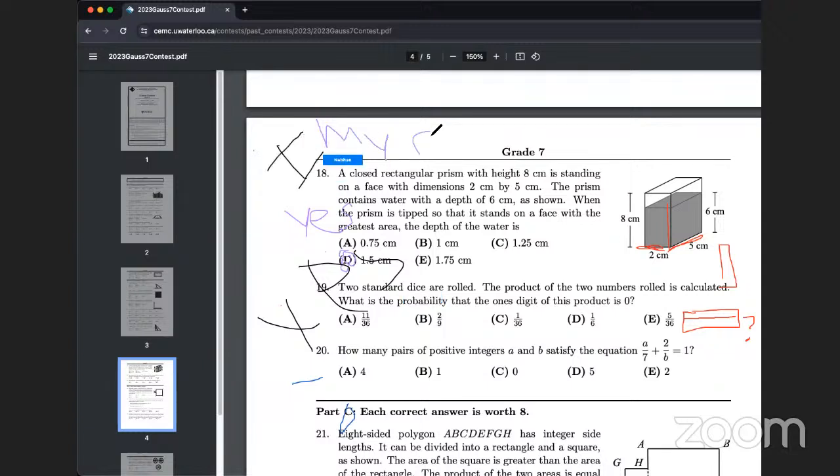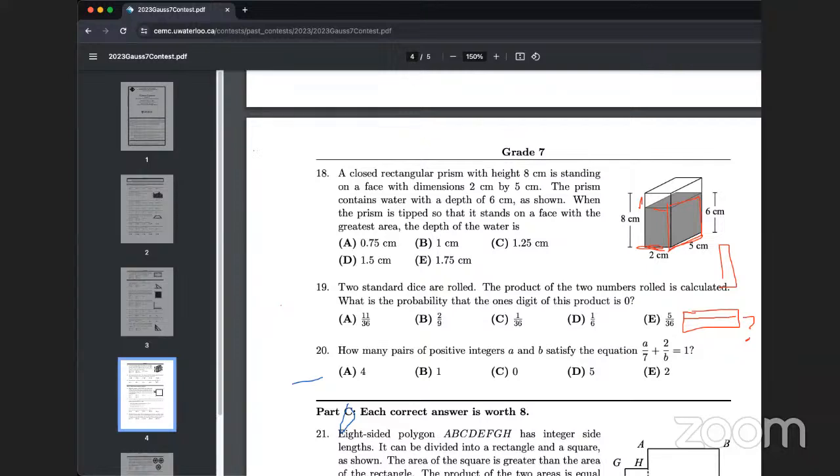So I think we first have to find out how much is the first area of the water, right? Because we know the area when it's tipped. So how much water is there in total to begin with? So what's the volume of the water? That's 6 by 5 and 2, because it doesn't go all the way up to 8, so it'd be 6 times 5 times 2. I think we should multiply to get the volume at the moment of the water.